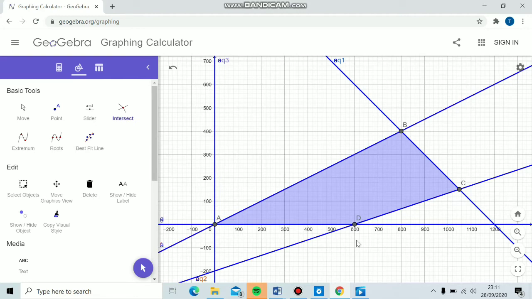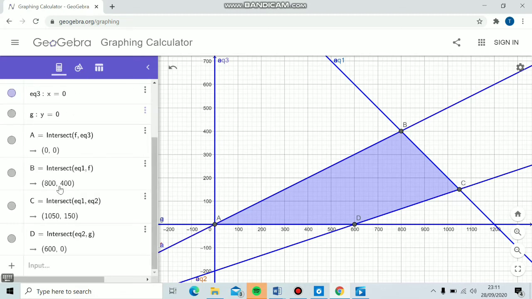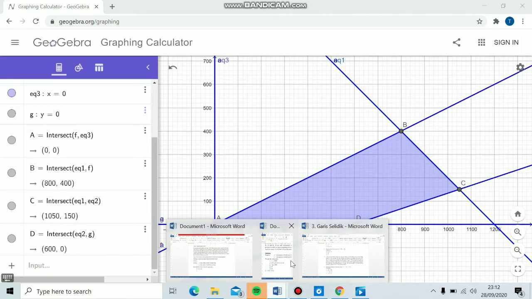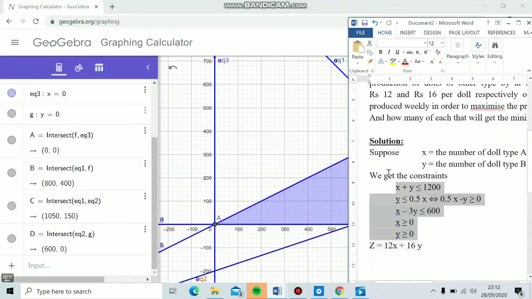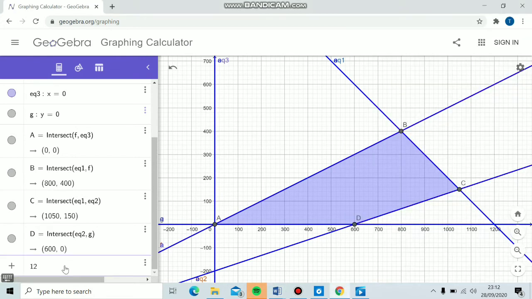And then next we have to determine the maximum point and the minimum point. How do we get this? We write in here the function 12x plus 16y.